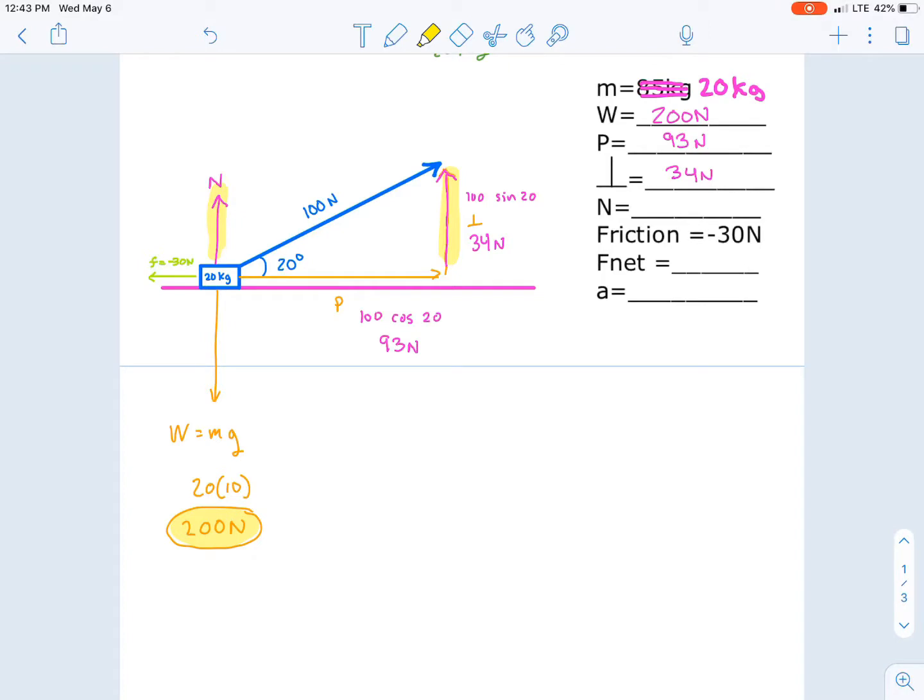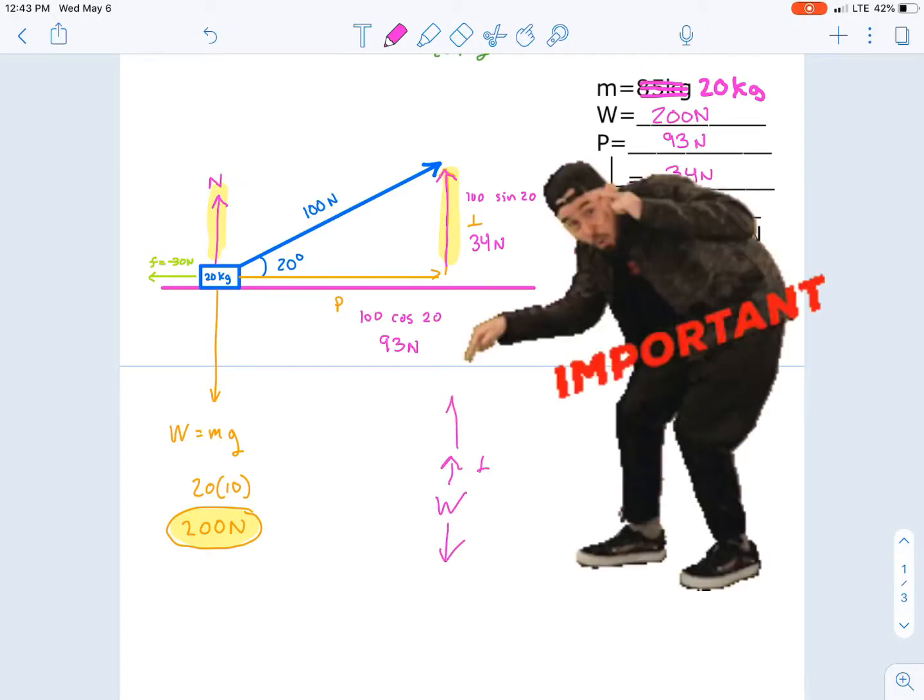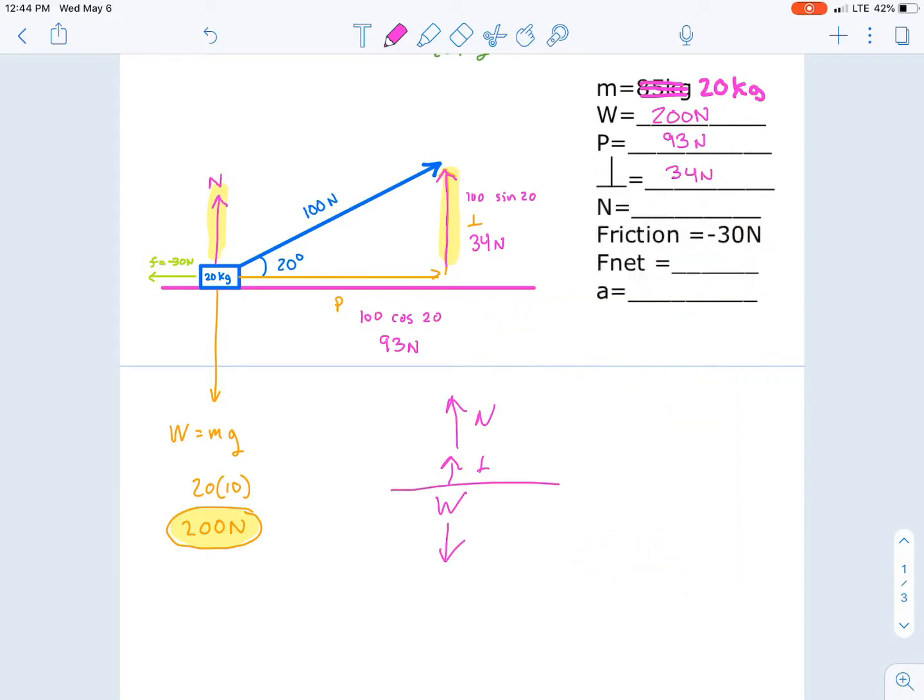Sorry for pounding on the table. Those two forces have to be equal and opposite to the weight because of the picture, the way it's showing. The weight is down. So these two have to equal that to be equal and opposite. So if we take 200 newtons minus the perpendicular force 34, that should leave us, what is that, 66?